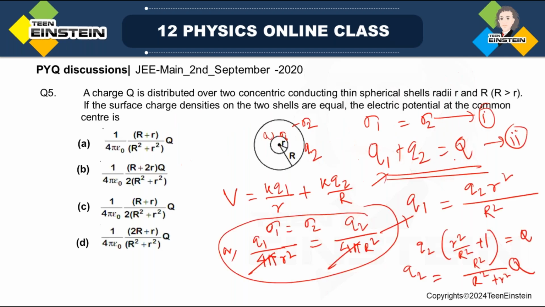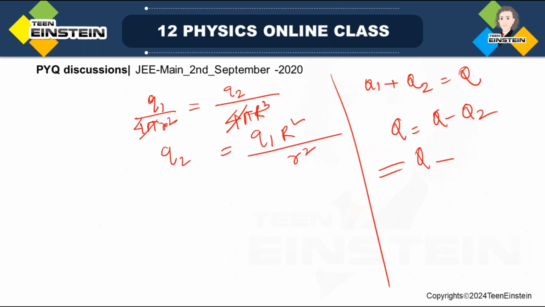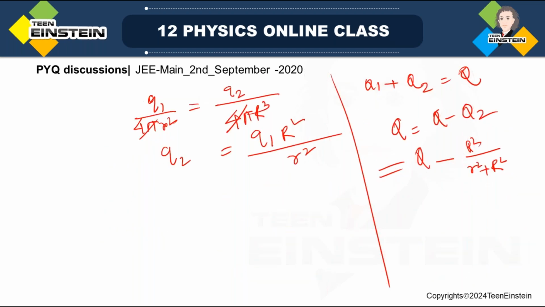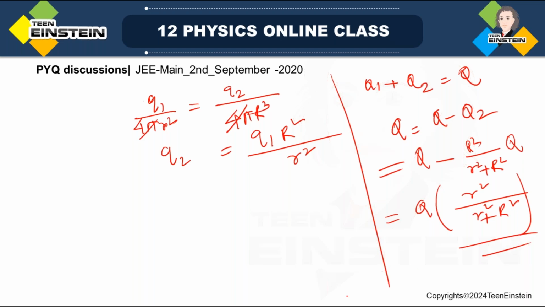So that thing we have to write: R square divided by R1, sorry, R square plus capital R square. This is the value of q1.